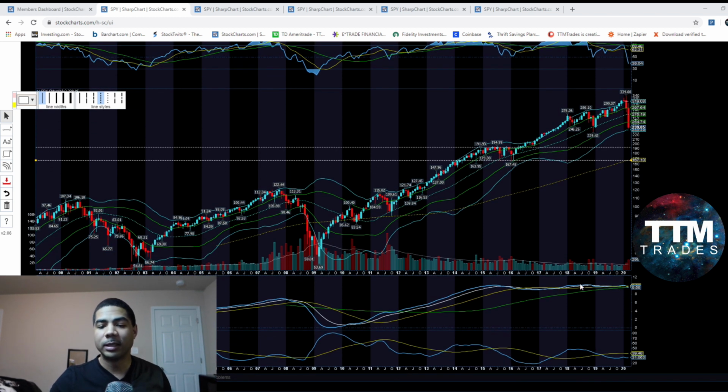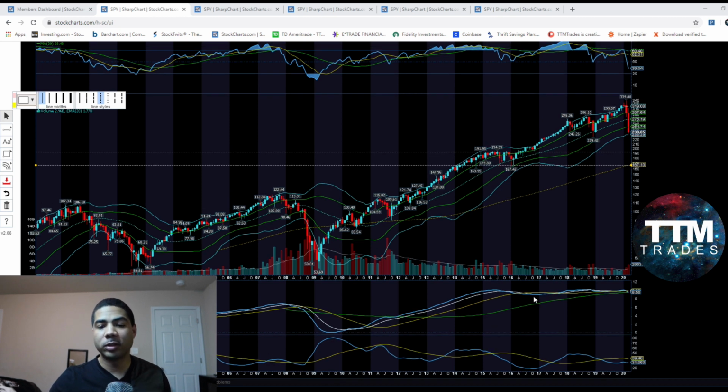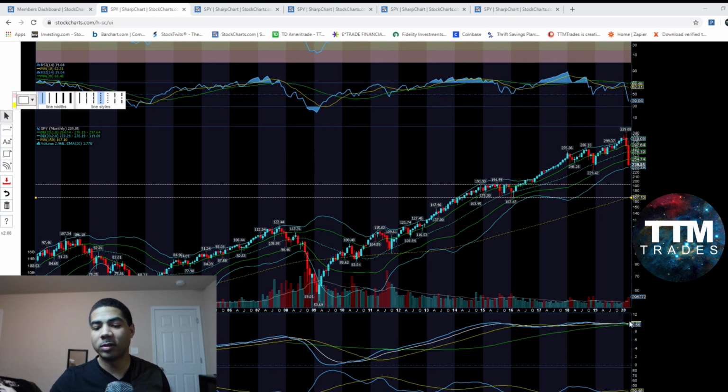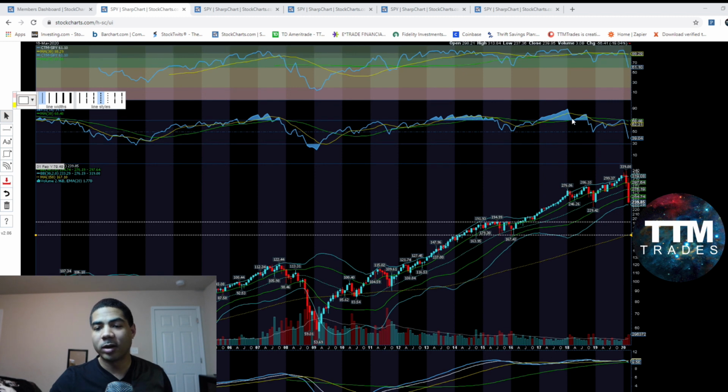Again, the PMO gives me the trend, but you can see the overall trend is beginning to slow down and fall below its averages. RSI got rejected by its long-term average. I always tell you, anytime a stock or ETF with the RSI is in a strong uptrend, it will stay above that 40 to 50 area.